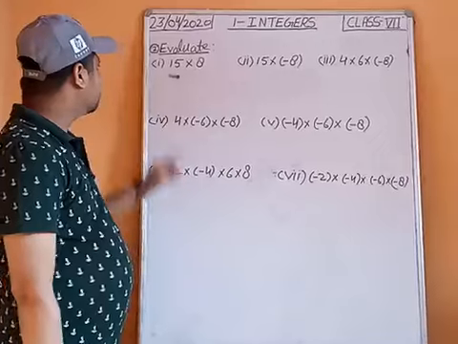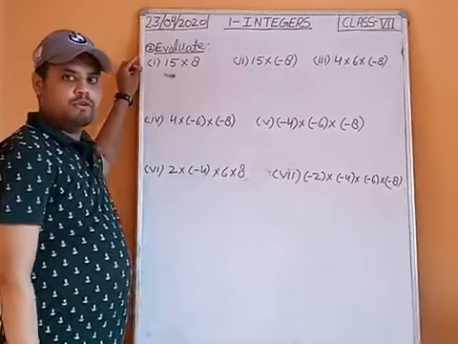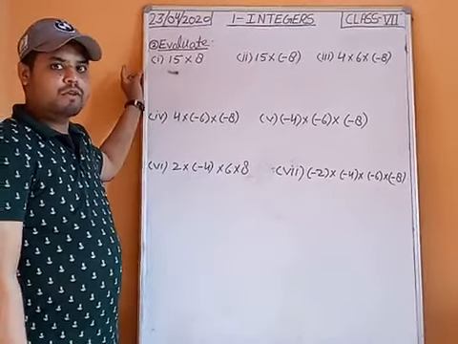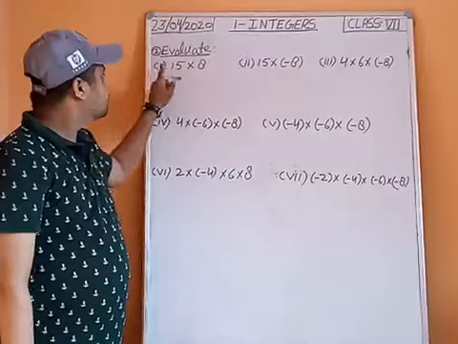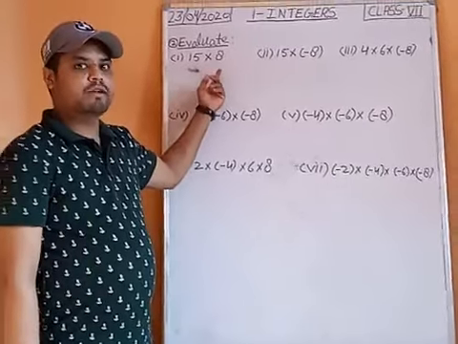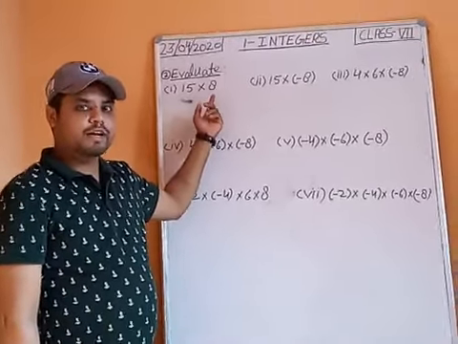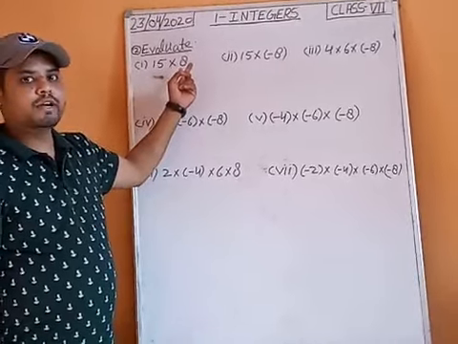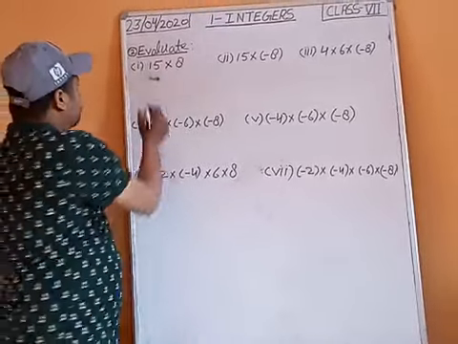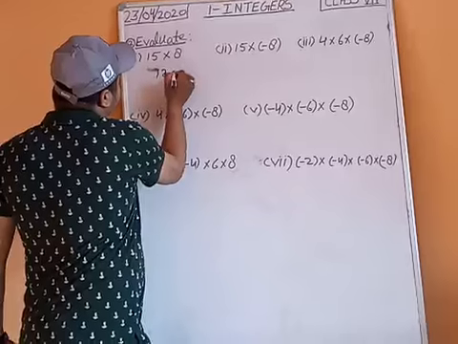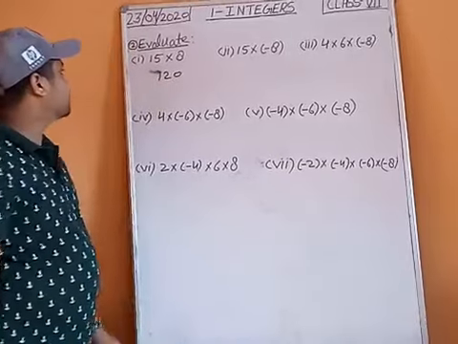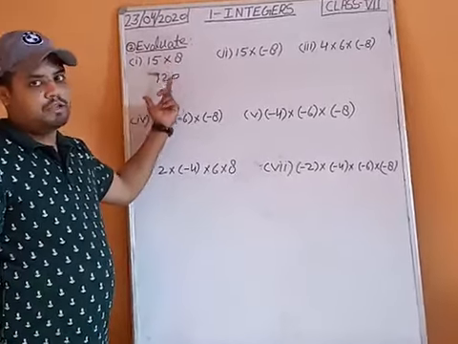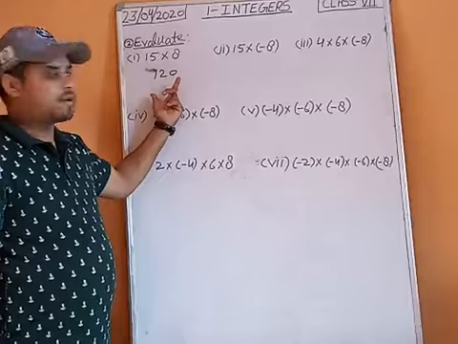Now come to the second sum. It is also evaluate, but a different type of evaluate. First is 15 multiply 8. Very simple. You have done it in second class also. So 15 8s are 120. But here is the concept I told you in the beginning. Both are positive, simply 120.